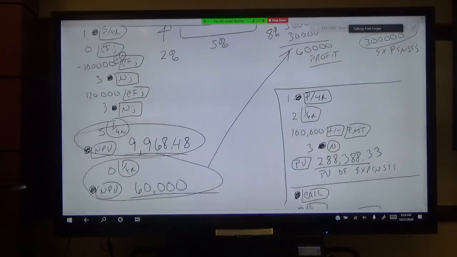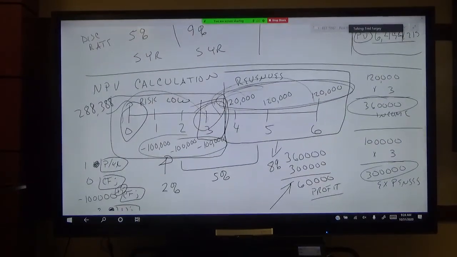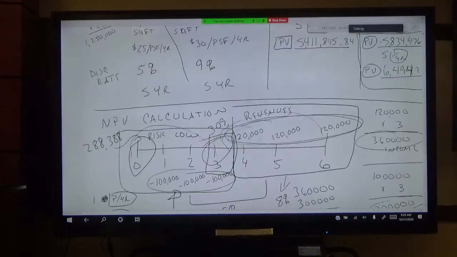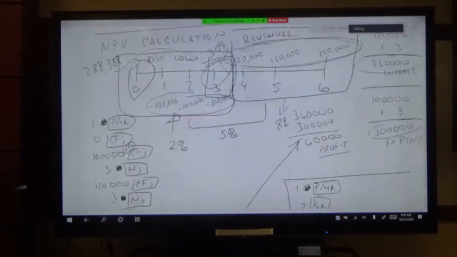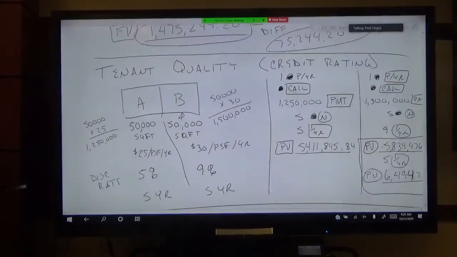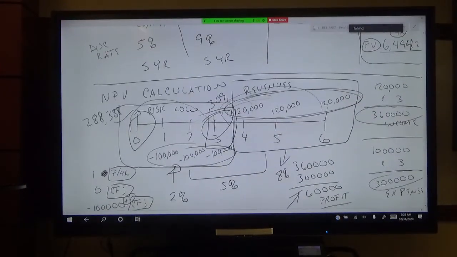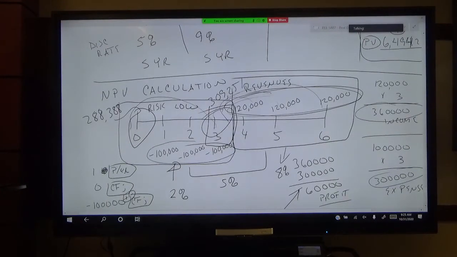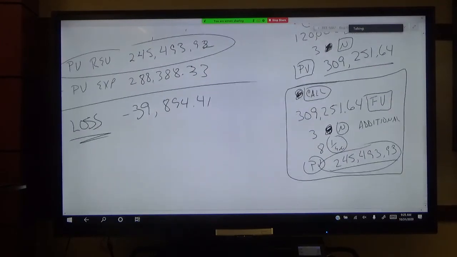What's actually happening is we've got to adjust that 309,251 back to time period 0, and that's where we get the 245,493.